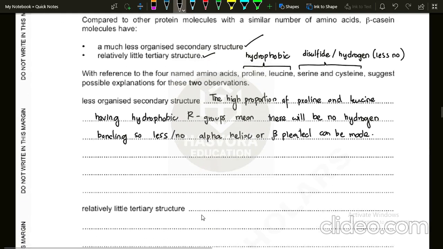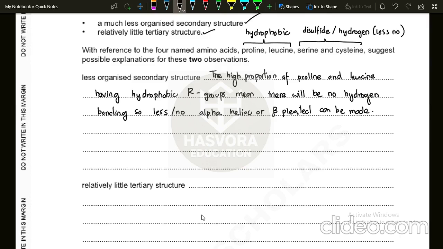And for the relatively little tertiary structure, remember that in the secondary structure we do not have the disulfide bonds, we only have the hydrogen bonds.